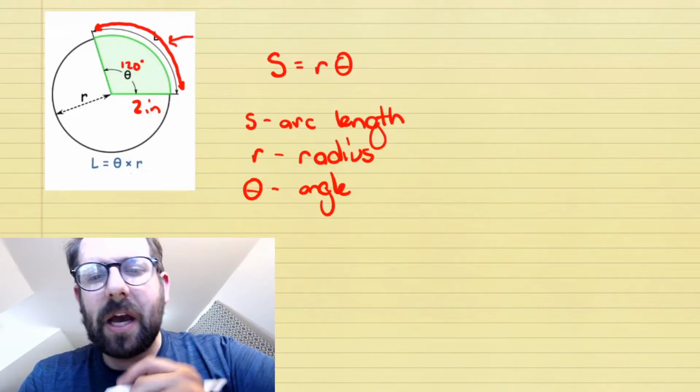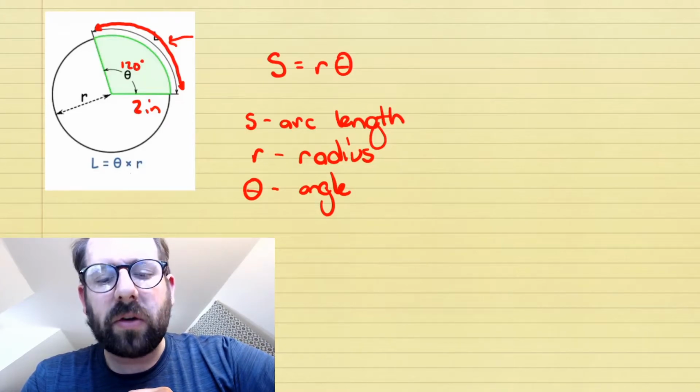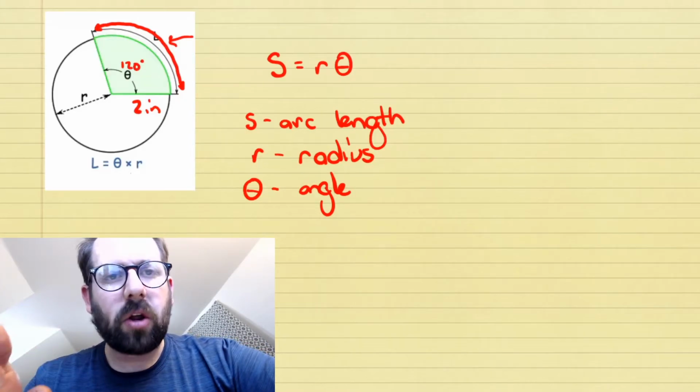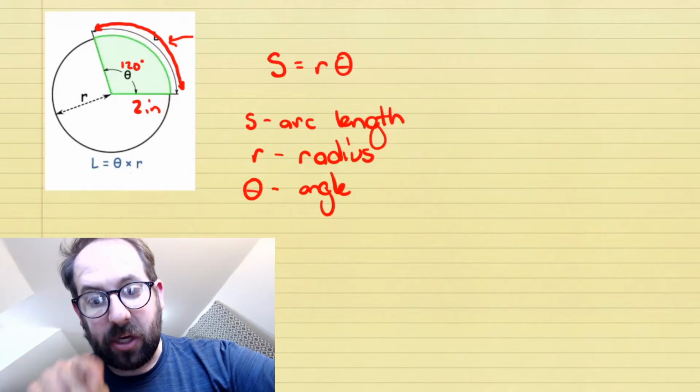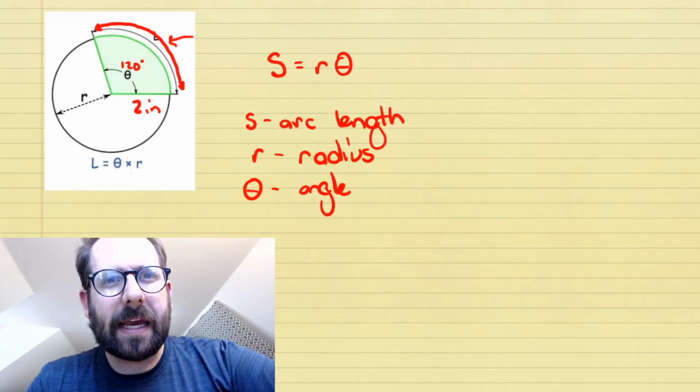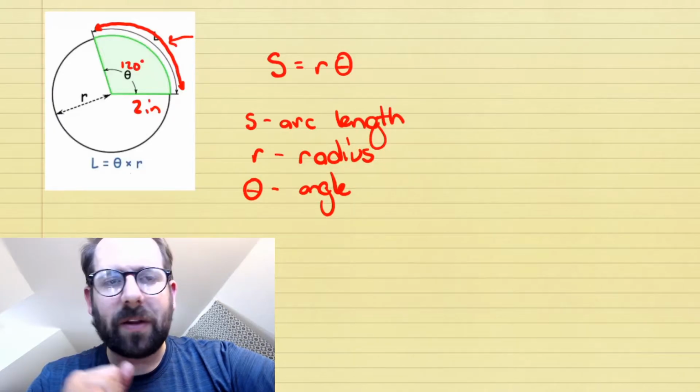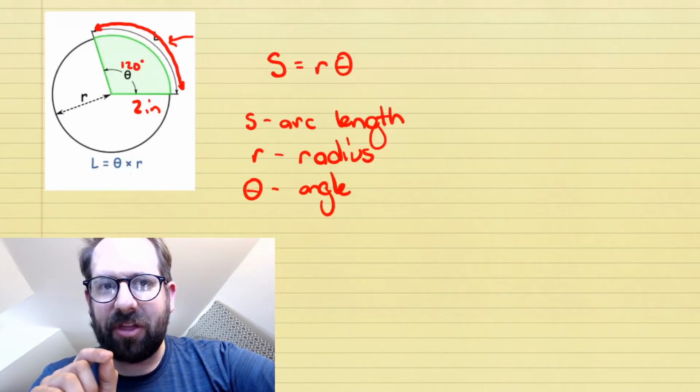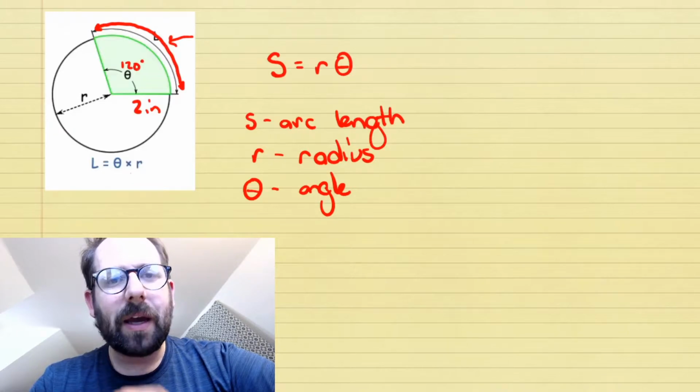It won't make any sense. If you took 2 times 120, you're telling me that my arc length, the actual raw distance that you're seeing right there in front of you, would be 240 inches. That doesn't look like 240 inches. That looks like about 3 or 4 inches, maybe, if that first line was 2.